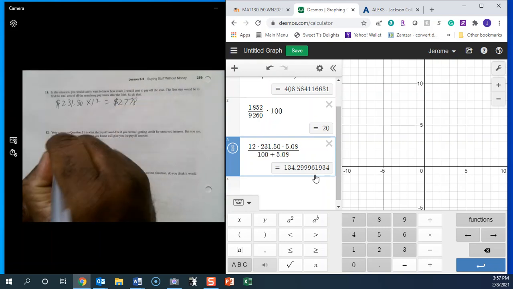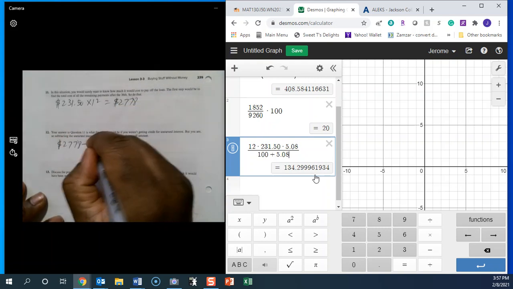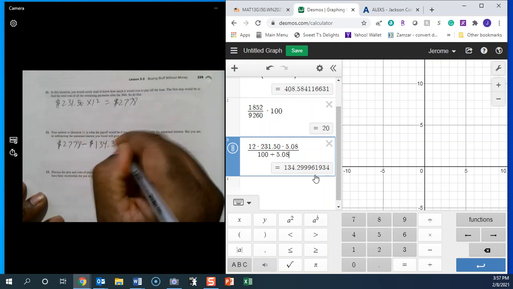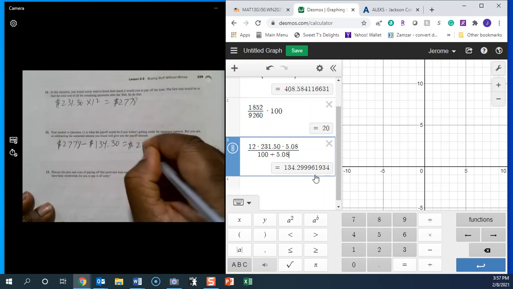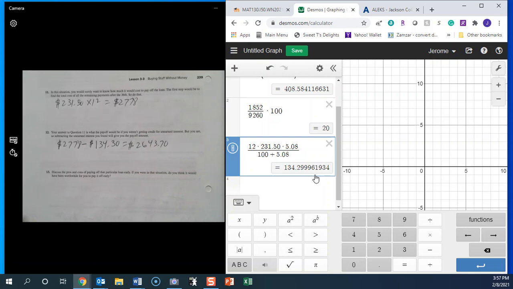So we would take this amount here and subtract off the unearned interest that we got back in problem 10, which is $134.30. When you subtract this, it'll be $2,643.70. That's how much you would have to pay. Like you would make your 36th payment, and then if you pay this, then you're done.